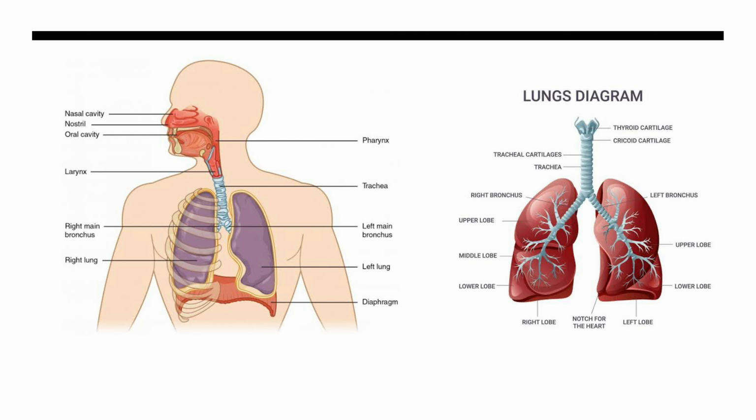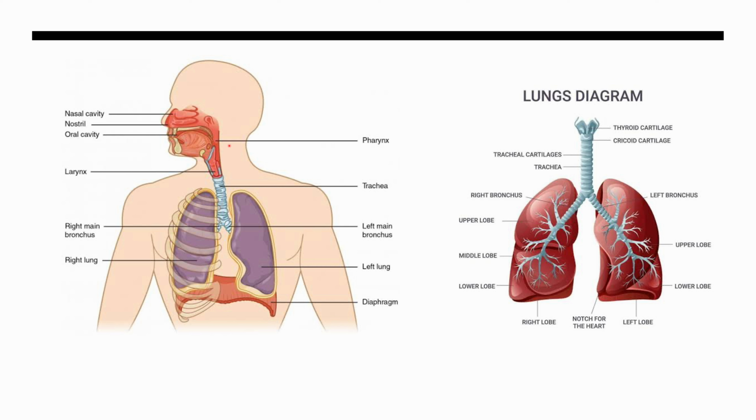So now let's look at the respiratory system. The respiratory system lets you breathe and keeps your body supplied with oxygen. What it does: the respiratory system is responsible for bringing oxygen into your body and removing carbon dioxide as a waste we breathe out.